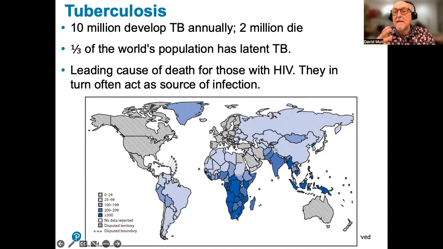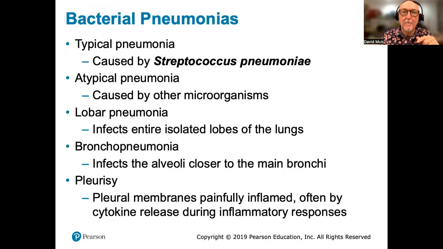And as people progress to AIDS, so the tuberculosis blooms and people become infectious. They eventually die, and they die of the tuberculosis itself, but not before they have spread it very widely. For this reason, accompanying the HIV epidemic, especially in Africa, has been an epidemic of tuberculosis as well. The two are very intimately linked.